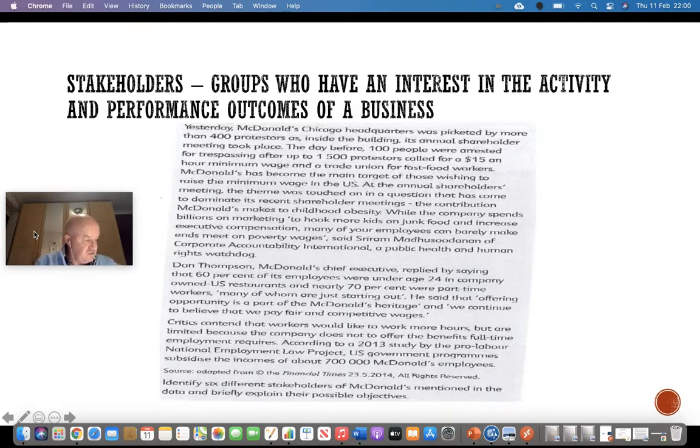Okay, so first things first, read through the article, highlight the 6 key stakeholders that you can find there, list what you think some of their possible objectives might be, and also think about the ability they might have to control or influence decisions.